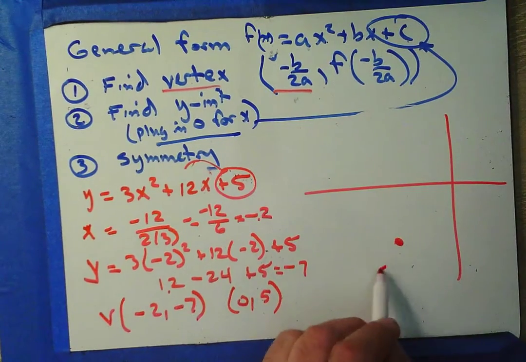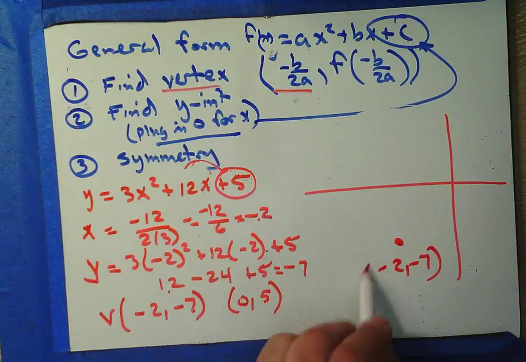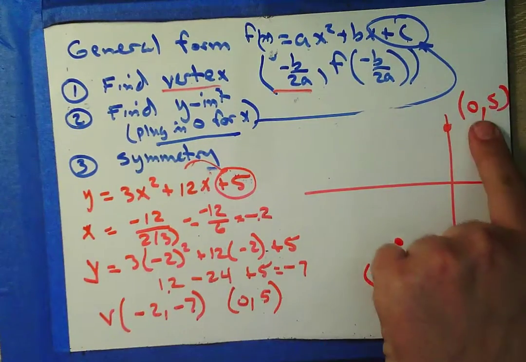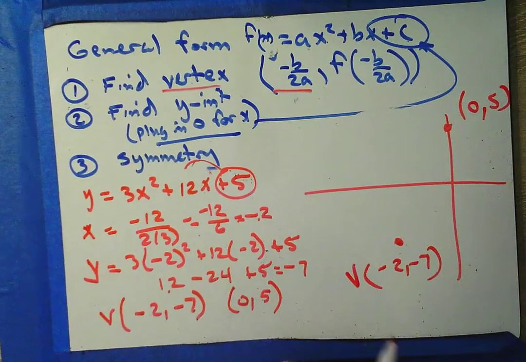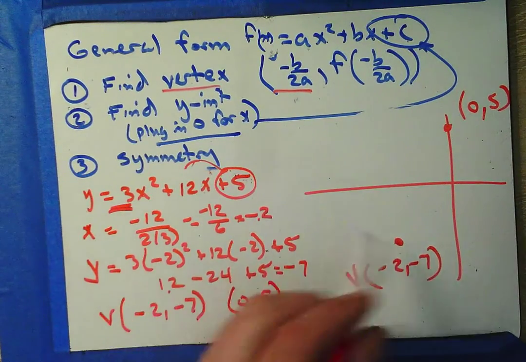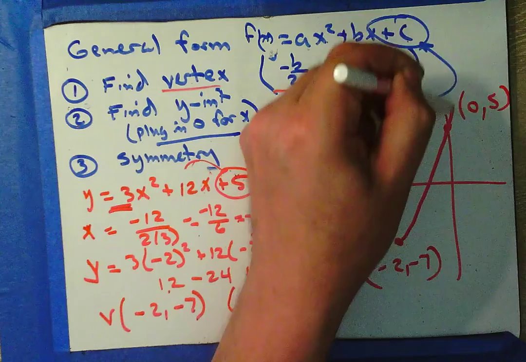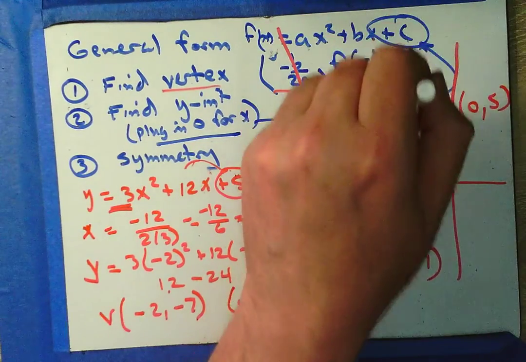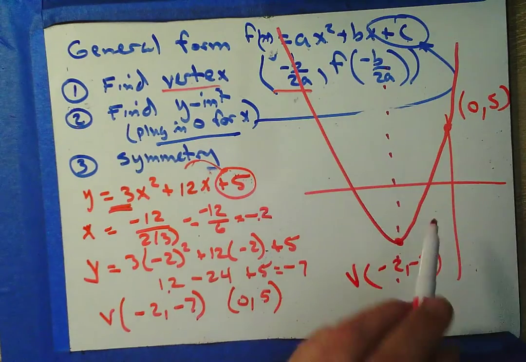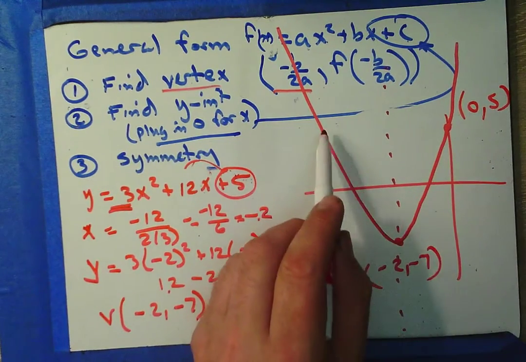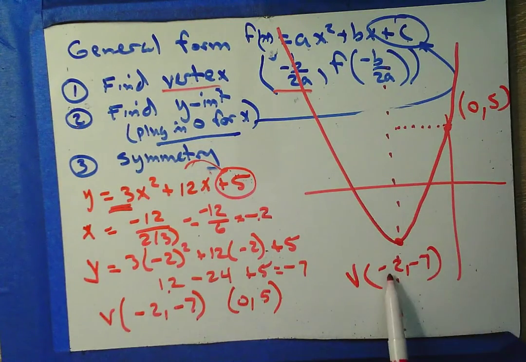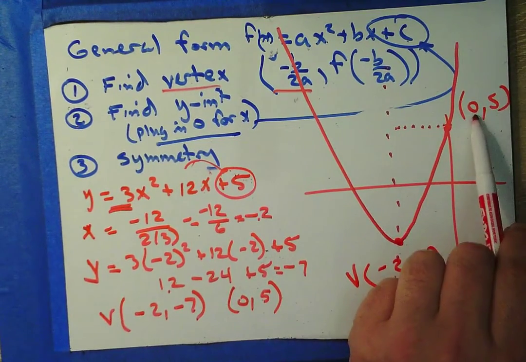We've got negative 2, negative 7, and we've got 0, 5. Again, this is not our vertex. This is our vertex. Our parabola points up, so we want to draw something that looks like this. We know there's this midline that runs through the graph. In order to find the third point, what's the horizontal distance from the vertex to this point?